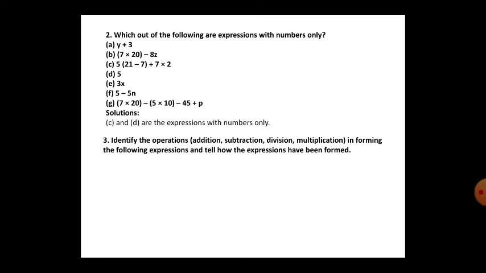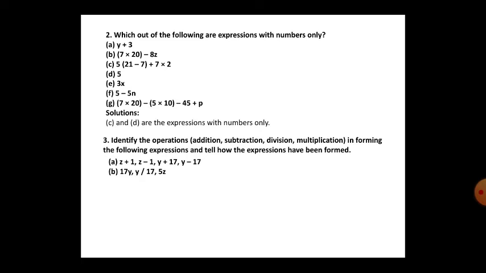Identify the operations addition, subtraction, division, multiplication in forming the following expressions and tell how the expressions have been formed. See, you have to identify the operations addition, subtraction, division and multiplication forming the following expressions. See what symbol you have used in the expression, either it is addition, subtraction, division or multiplication, you have to tell now.